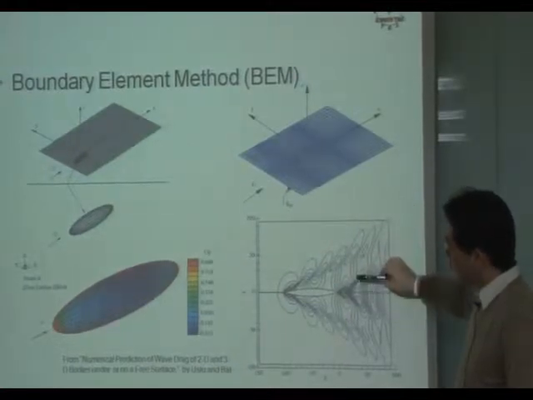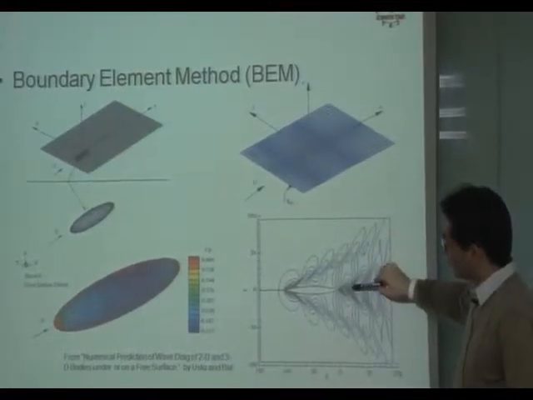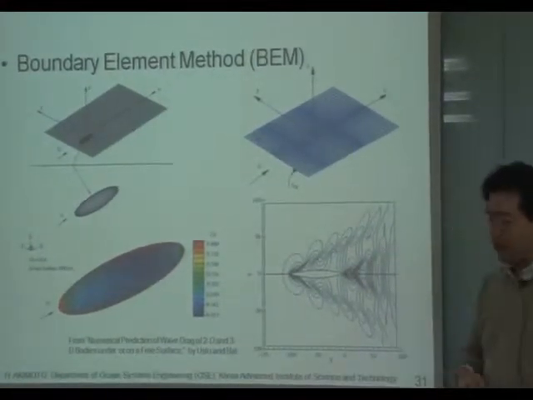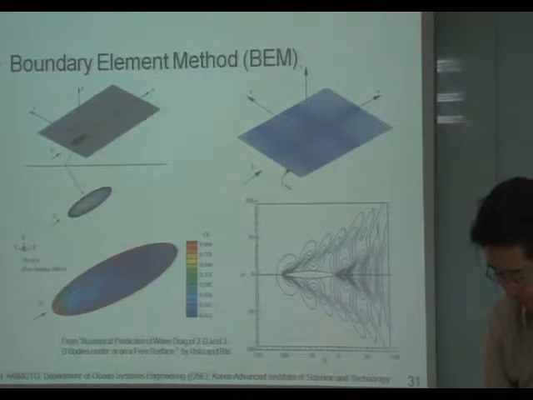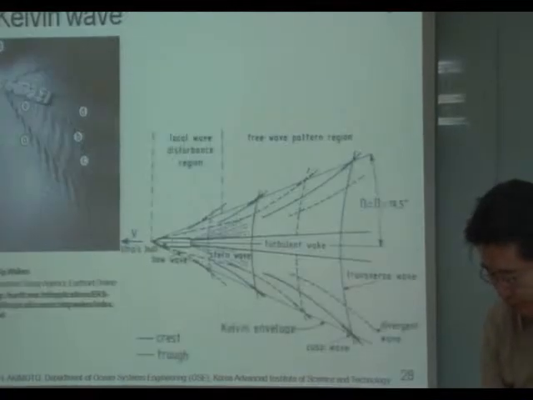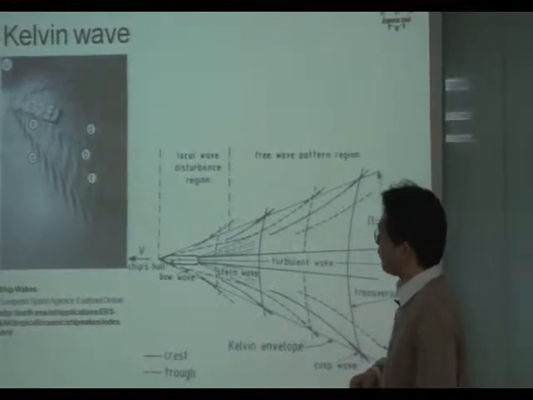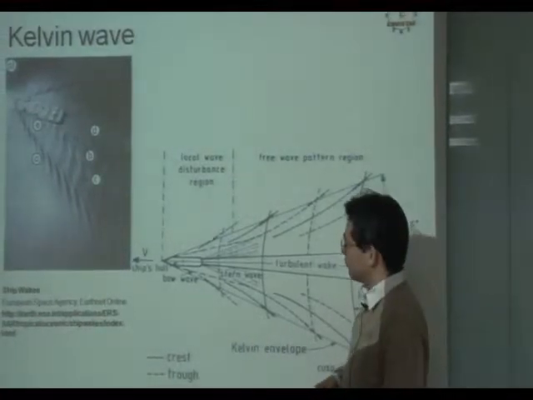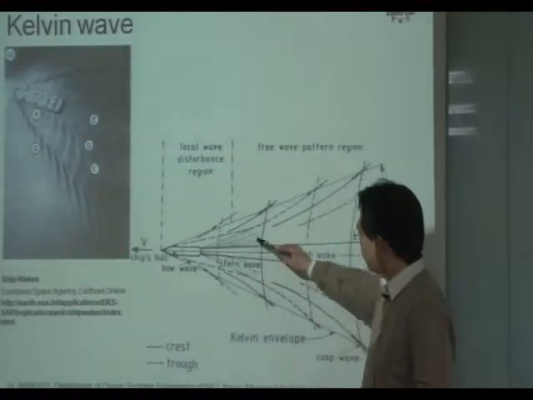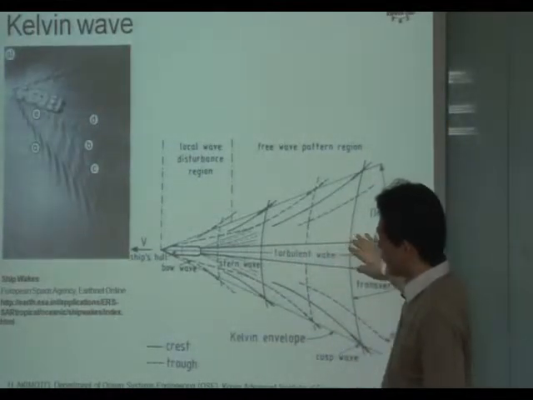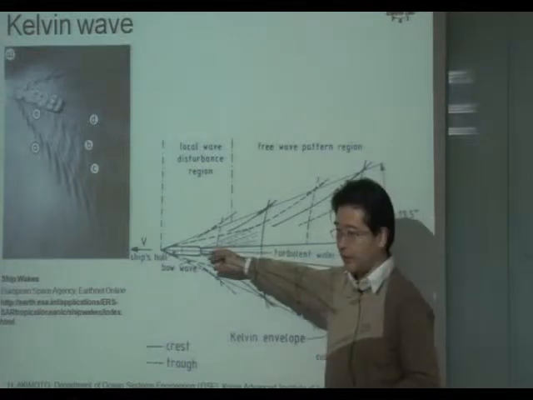In potential theory, they do not reproduce the turbulent wake part. In actual phenomena, you will see a turbulent wake part because it is caused by the viscosity.